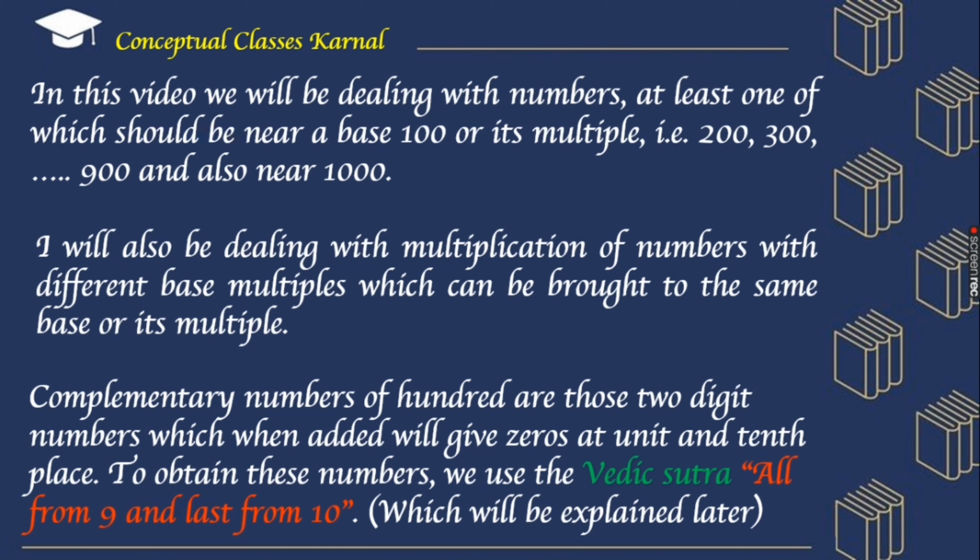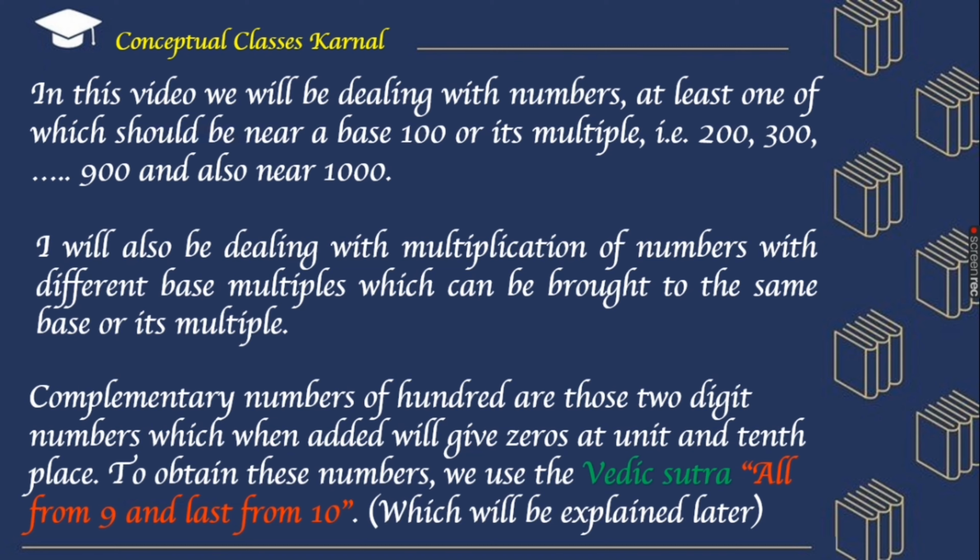In the last video, I had dealt with numbers which were near a base 100 or its multiple, and now in this video I will be dealing with the numbers which are close to a base 100 or its multiple, that is 200, 300, 900, and I will also be dealing with numbers near 1000 as well.